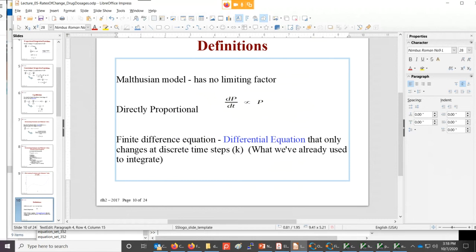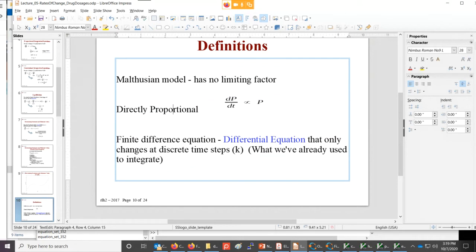This has no limiting factor. If you have a mother and a father, and then they have offspring, and as you have more offspring, then the population is going to grow more, right? So it's proportional to itself.